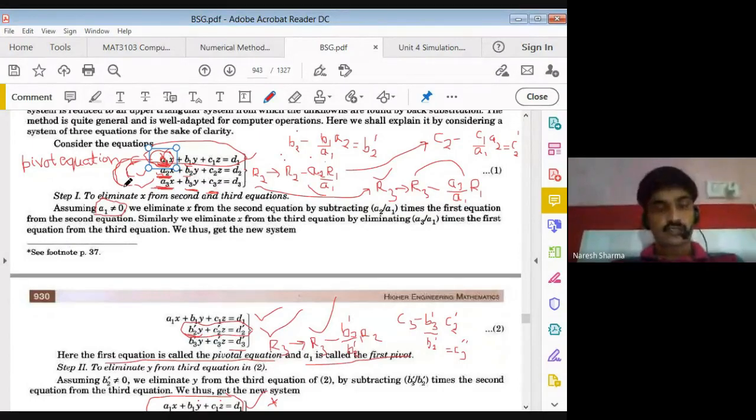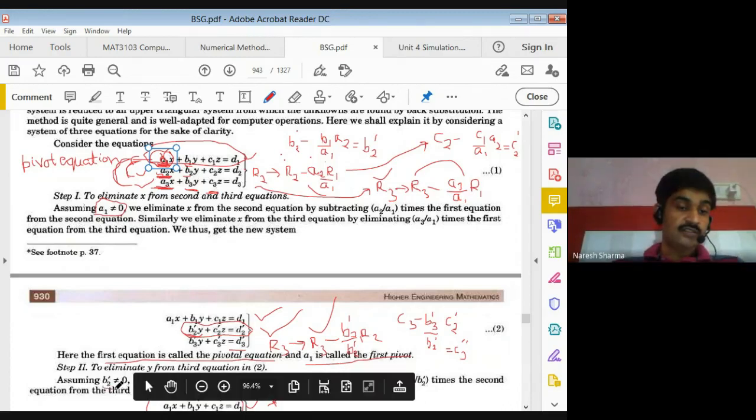So if you switch or interchange the position of your equations, first and second interchange or first and third interchange, if you interchange your rows, this is called your partial pivoting. This process of interchanging your rows to get the non-zero element at your first position is called pivoting.